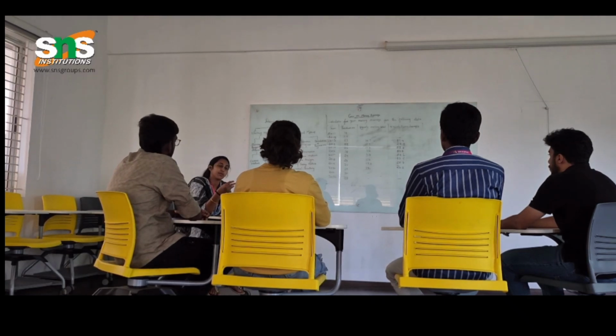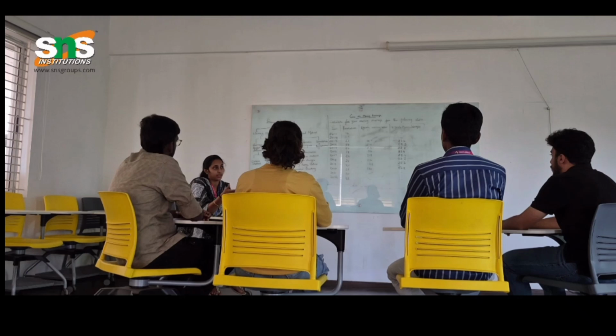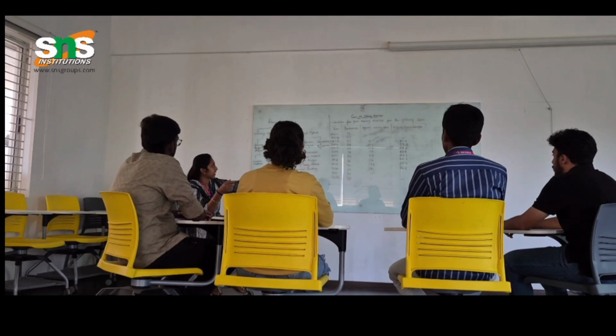All such things can be identified in a numerical way, not just studied in a theoretical way. By doing a proper calculation, we can understand in a proper format. That is the purpose of studying all this.